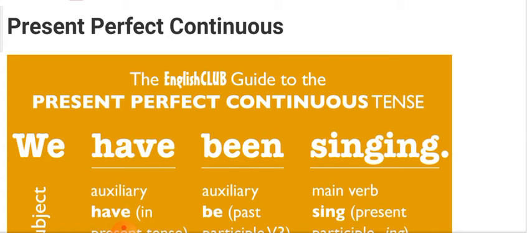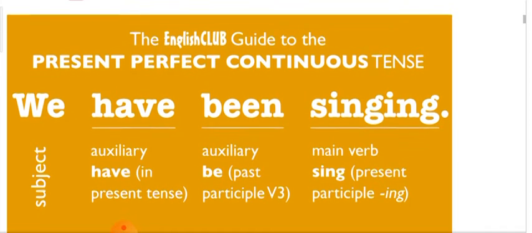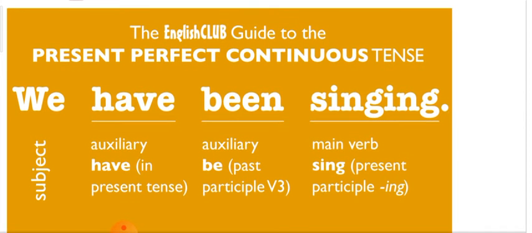So let's begin. You know that there is a subject and an auxiliary, then another auxiliary, then after that the main verb. You can see that very clearly in this yellow box. Here is the subject. You can put there: I have been singing.